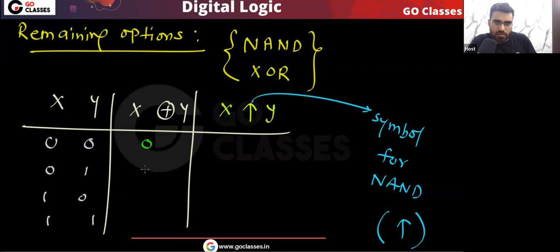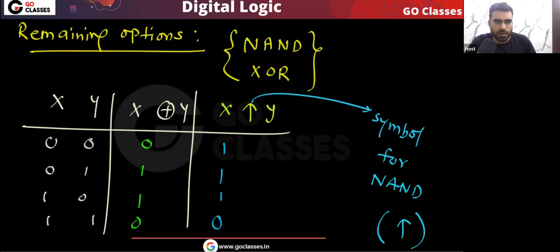This is the truth table for XOR. And the truth table for NAND: NAND means first you do AND, then you complement. So it will be like this.